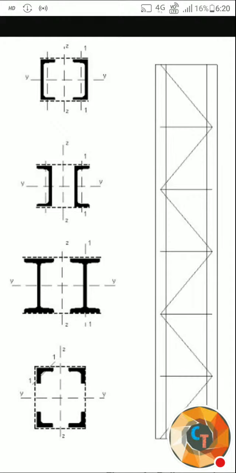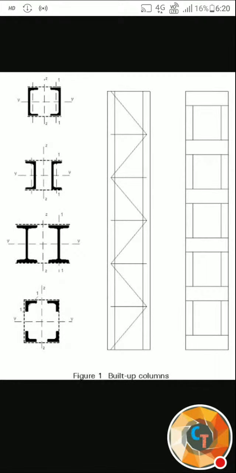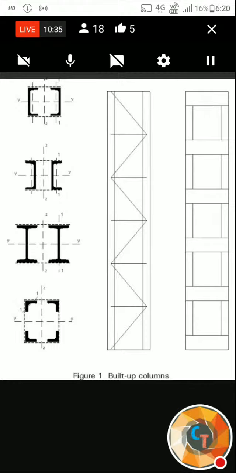Please reply. If anybody knows, please reply. On their sizes. Okay, how will you find out size? Many people will assume that one.